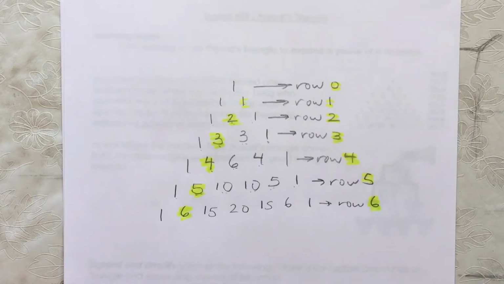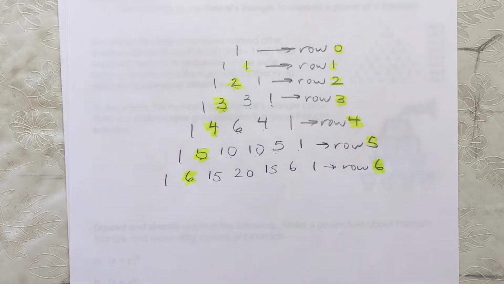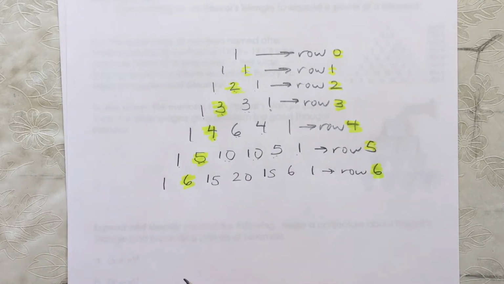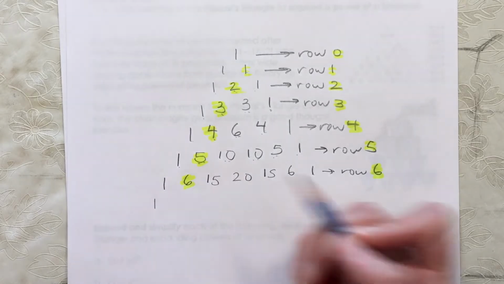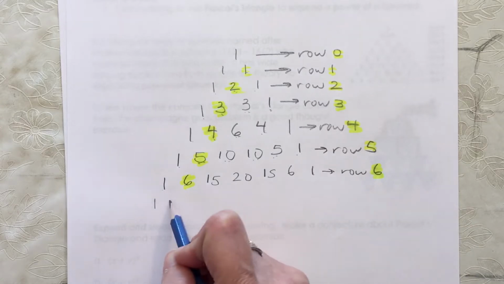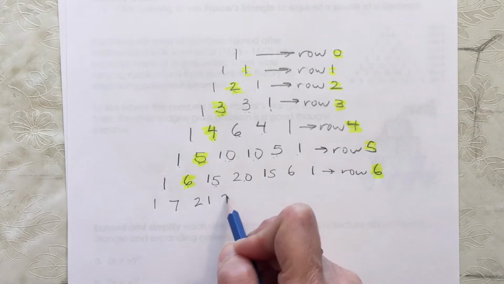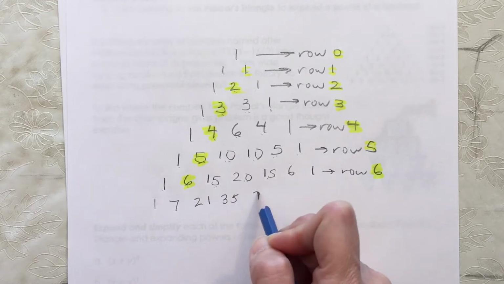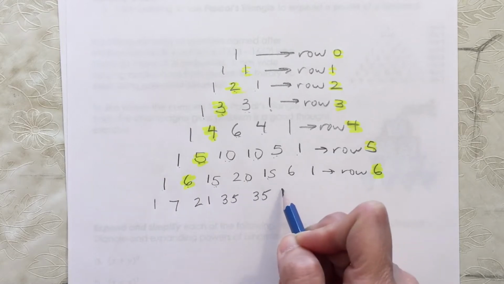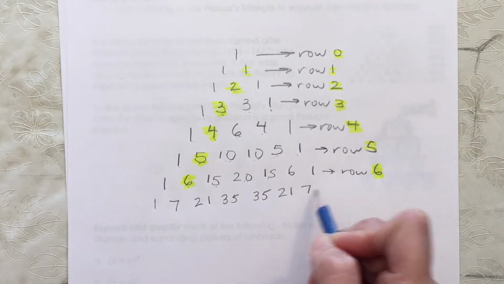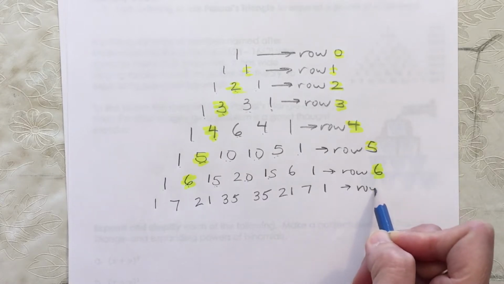It's kind of like a recursive table. Once you know the pattern, you could extend it as many rows as you wanted to, but one row at a time. If you wanted row 8, you would have to first do row 7. So row 7: 1 and 6 is 7, 6 and 15 is 21, 15 and 20 is 35, 20 and 15 is 35, 15 and 6 is 21, 6 and 1 is 7, ends with a 1.